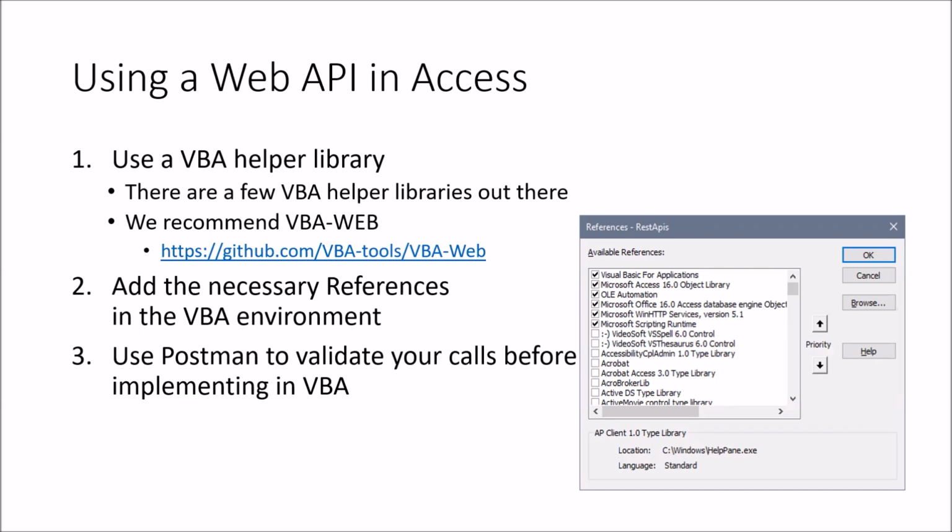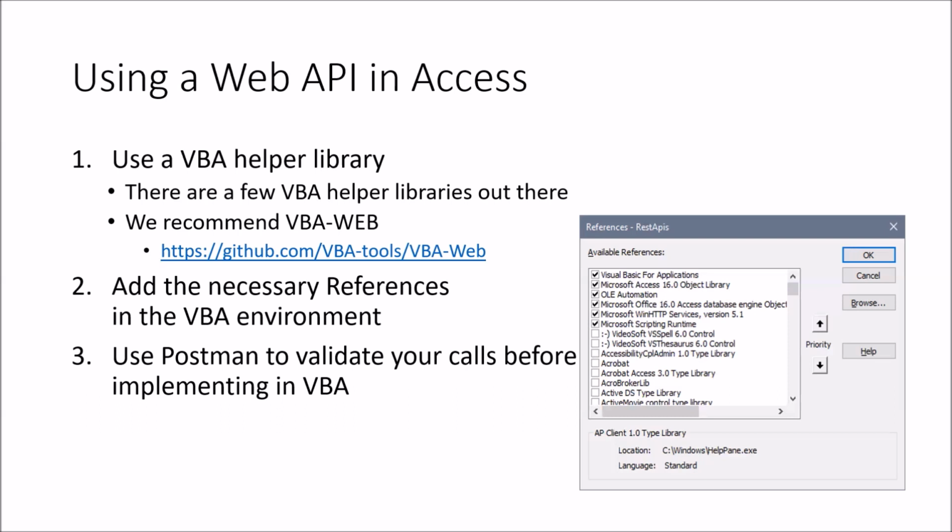And this one is really nice. It abstracts out some of the details, some of the nasty string concatenation that you might have to do in other libraries. It also supports authentication, which we're not going to do today. This is kind of an intro, but it does support authentication. It supports file uploads and downloads. So VBA Web, which we'll take a closer look at in a little bit.